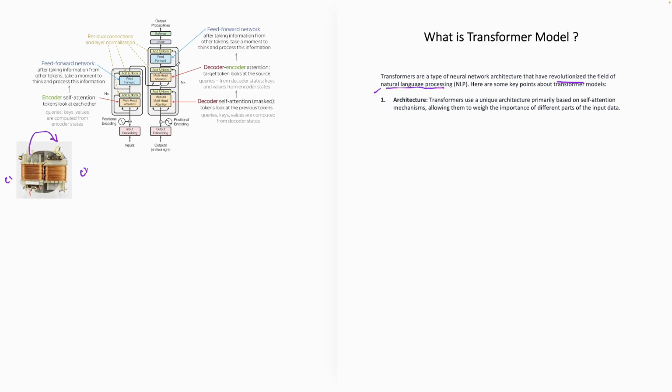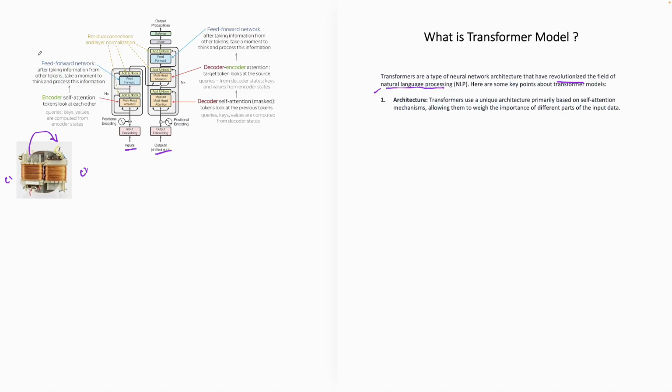Just as here we are transferring electric energy from one circuit to another, here you are transferring the information or the data from input to the output. So this is how the architecture of a transformer model looks. You have the input layer and the output layer, there is a feed forward network, and there is a concept of encoders and decoders.